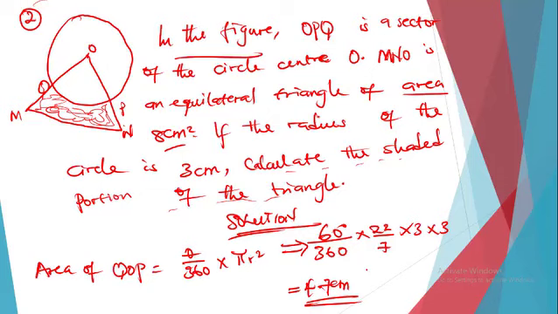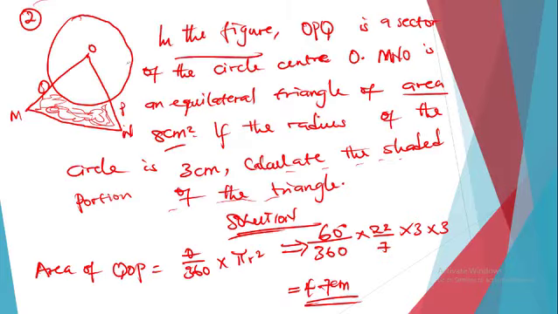And then we look for the area of the shaded portion. We are told from the question here that the area of the triangle is 8 cm squared.